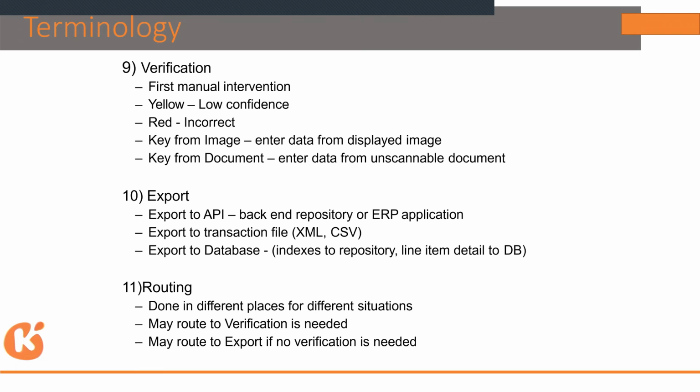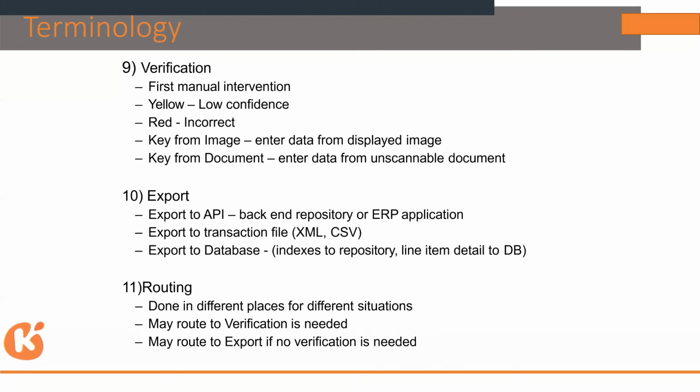In this scenario, you can skip the verification, and once you validate, you can export the document directly without verification. This is called routing. You understand, right? This is an optional process. Whenever you require it, you can use that routing concept.